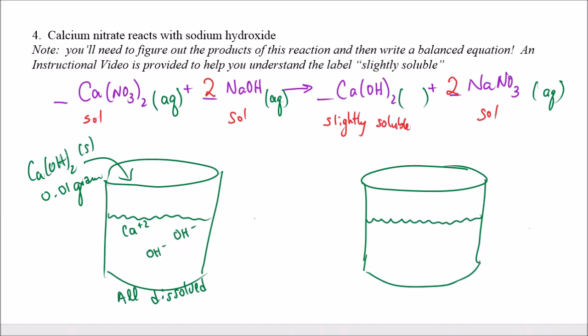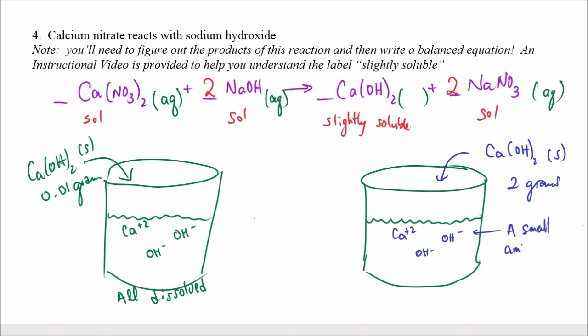But we can imagine a separate situation where perhaps we drop in a lot of salt, a reasonable amount of salt. Let's say we drop in 2 grams and try to dissolve that. The salt is slightly soluble, meaning some must dissolve at equilibrium. So there'll be some ions here dissolved, but only a small amount. That's what slightly soluble means.